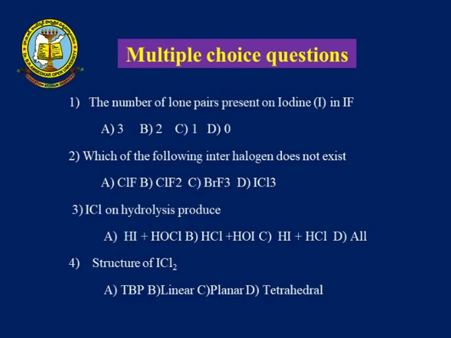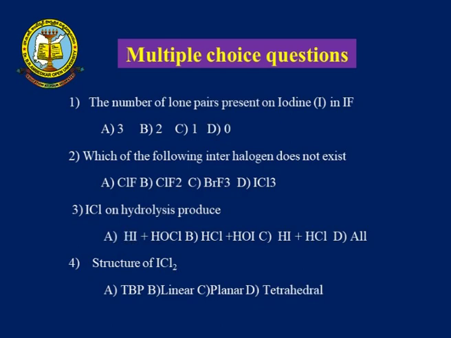Now we discuss a few multiple choice questions from 7th group elements. Suppose a question in an entrance exam: the number of lone pairs present on iodine in IF. Just now I told you IF is one of the interhalogens, the first type, AX type. The central atom iodine has 7 valence electrons.